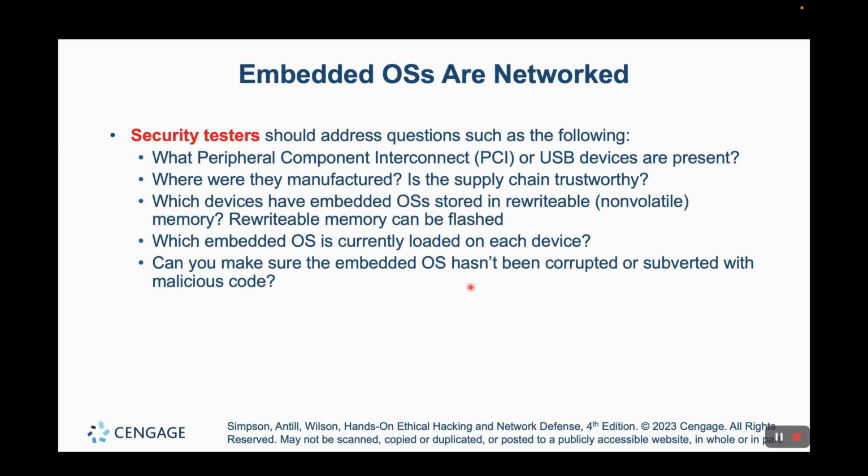Now, quite frankly, to answer these questions with precision, this will involve a combination of manual inspection, automated tools, and possibly even physical hardware examination. However, to conduct a thorough security assessment for a system with these types of connected devices and with embedded operating systems, a security tester should consider the following key questions.